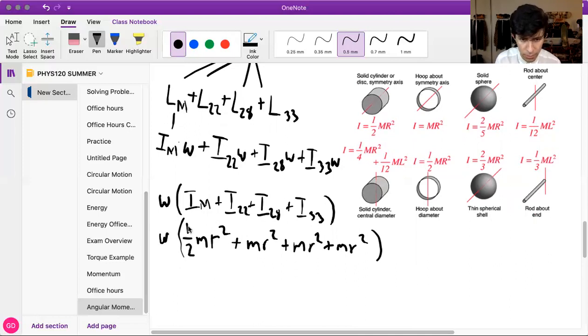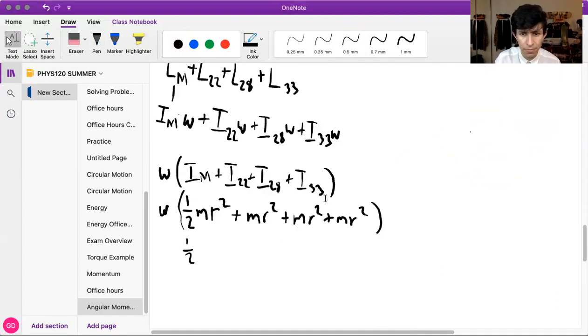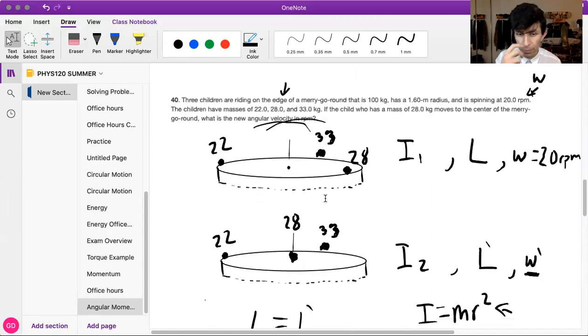So omega's right there. Let's start plugging in everything. We know the merry-go-round is 100 kilograms. I'm going to get rid of this now; we don't really need that, but it was to show you how everything has different moments of inertia.